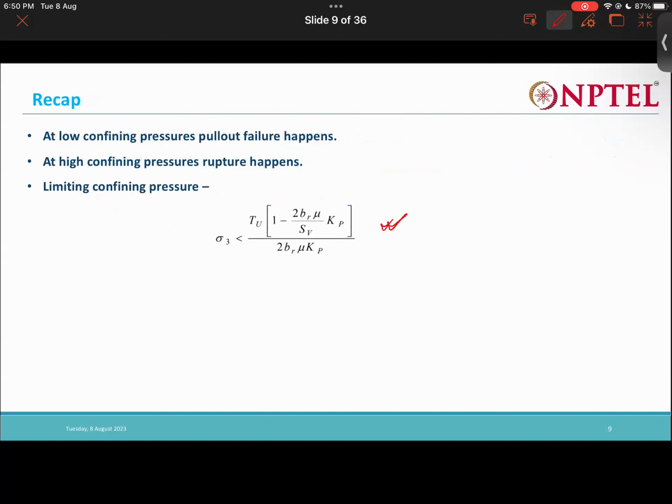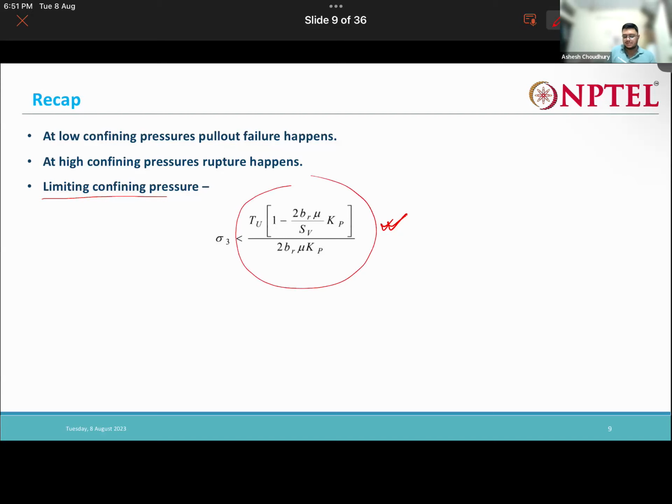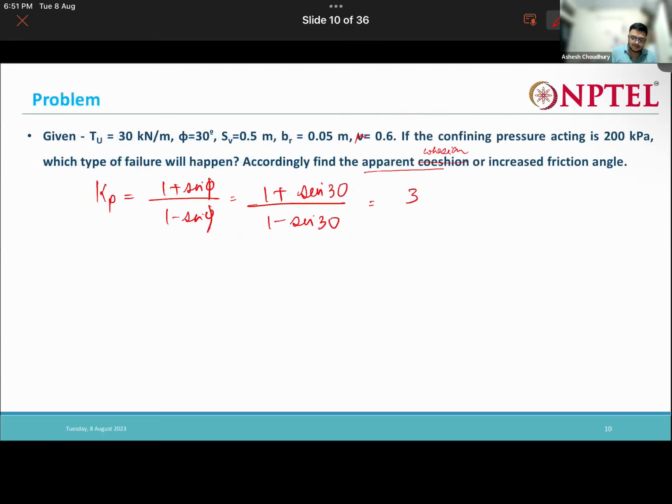This sigma 3 limiting confining pressure. So if sigma 3 is less, then pull out failure happens, and if it is higher than this sigma 3, then rupture happens. So let us find out this limiting confining pressure, sigma 3 limiting.